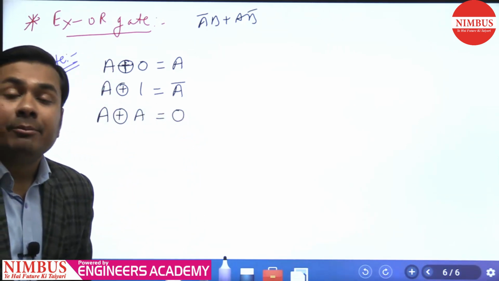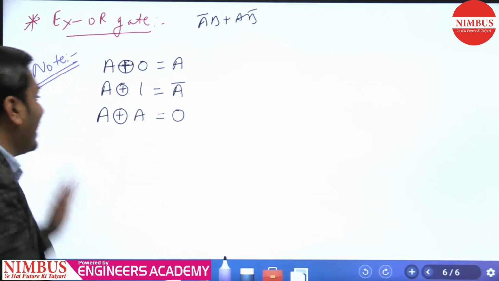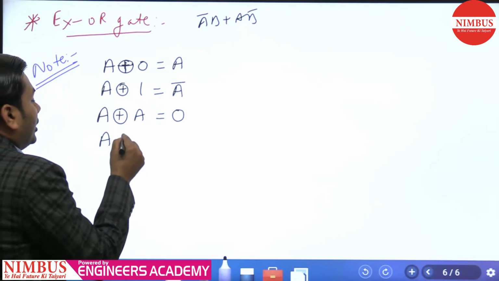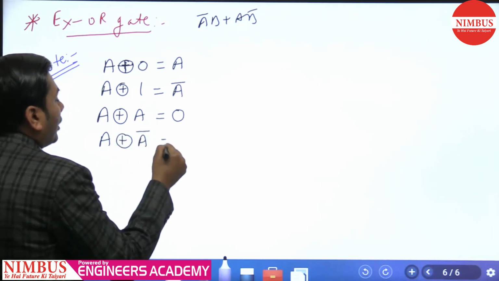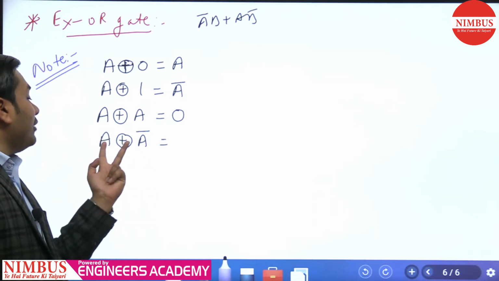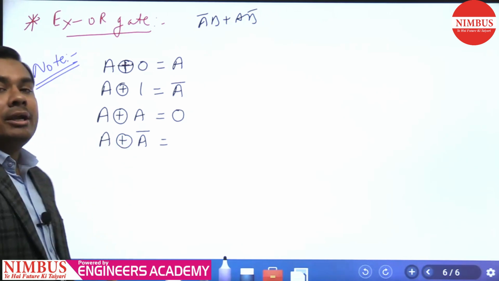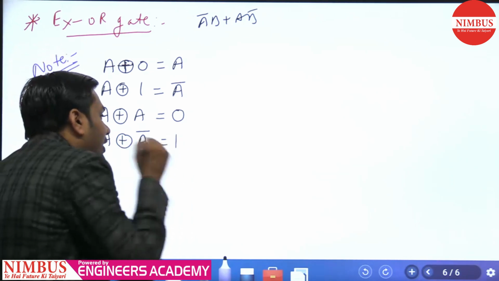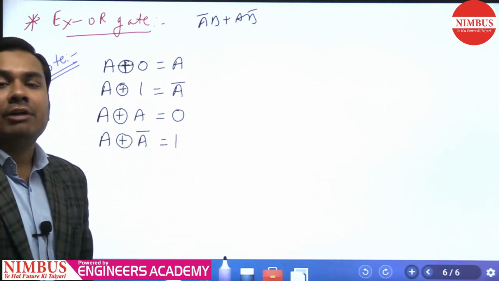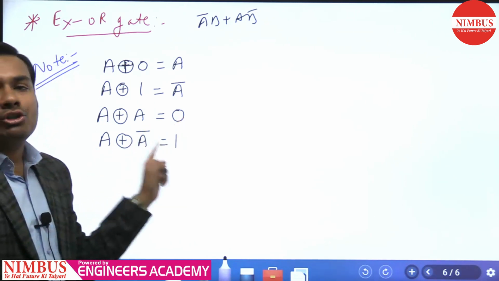For the same input in the XOR gate we have the output at logic 0 directly. If we have A XOR A bar, complemented inputs, then the output will be logic 1.